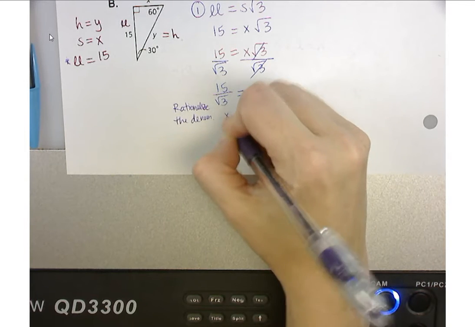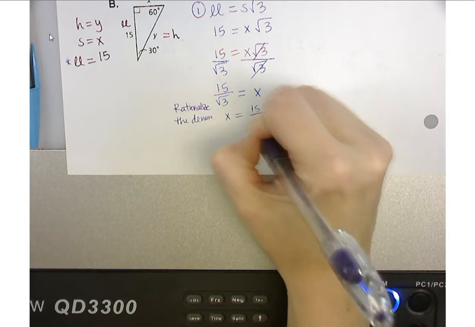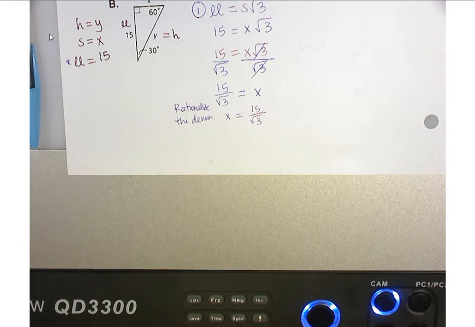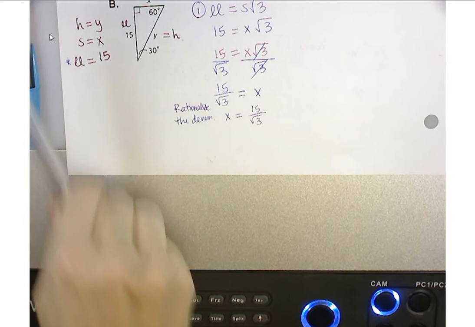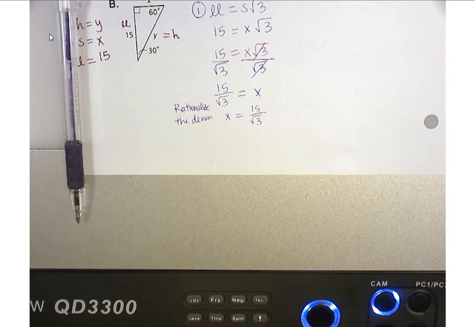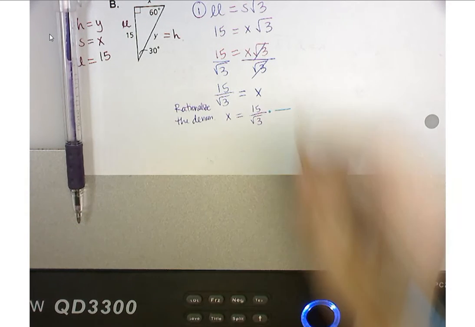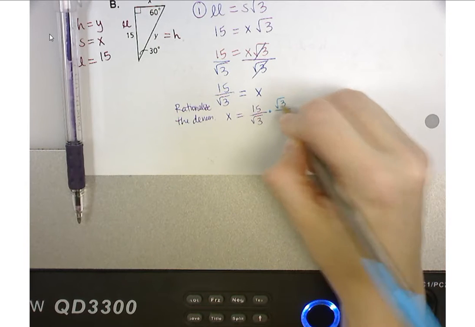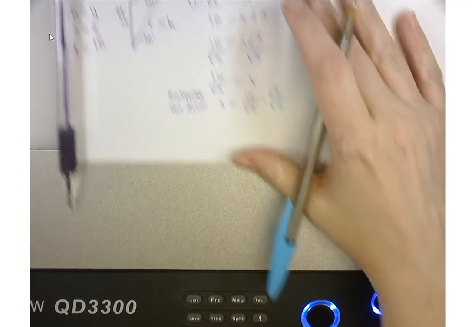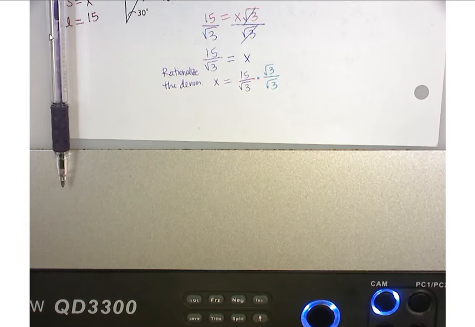Okay, so if x equals 15 over root 3, Allie, what am I going to do once I get here? Good. Multiply by the square root of 3 over the square root of 3. Good. Okay, again, you want to multiply by root 3 over itself, not just root 3.